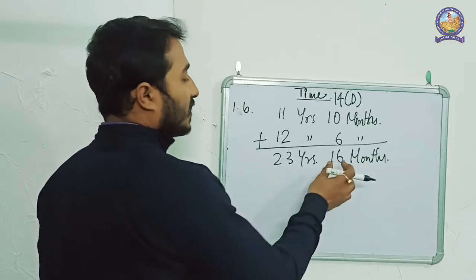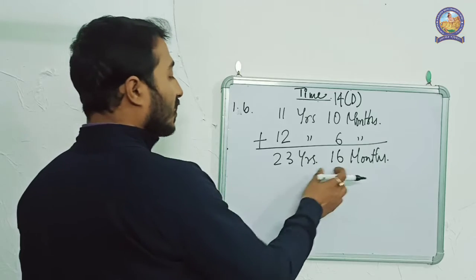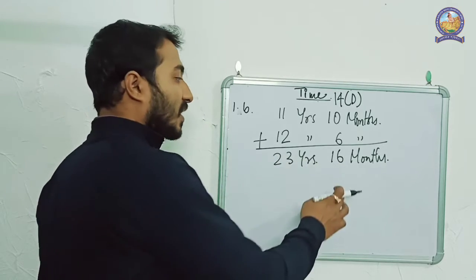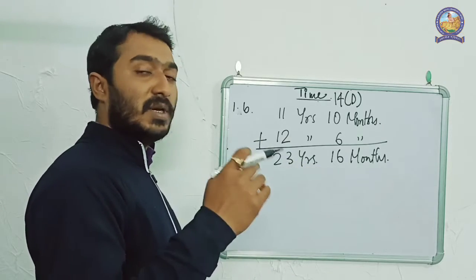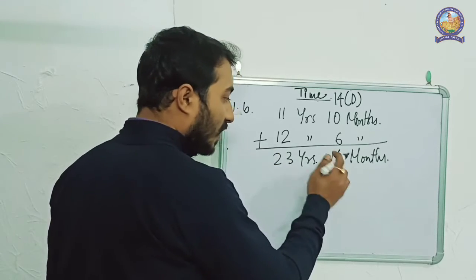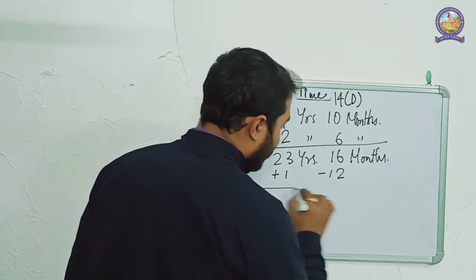We know that 16 months is greater than 12, because 1 year equals 12 months. Earlier we used to subtract 60, because 1 hour equals 60 minutes. Here also we will do the same, as it is more than 12. So 12 will be subtracted and 1 will be added.